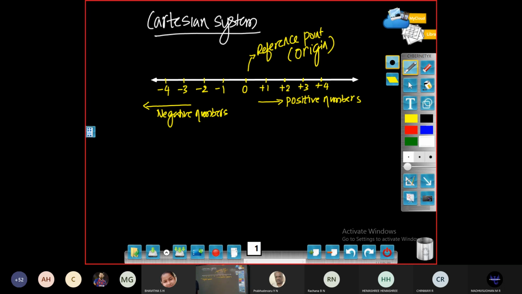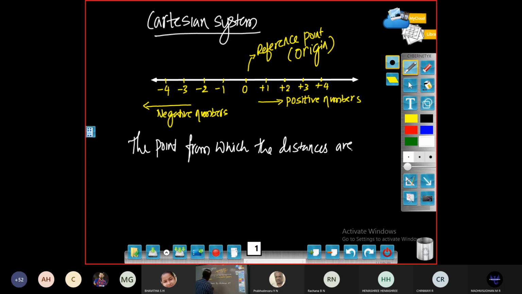So you can write: the point from which the distances are measured is called the origin.